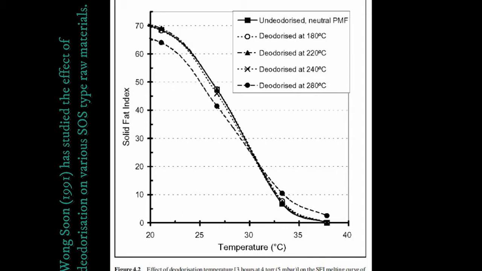At 240 degrees Celsius, a noticeable deterioration in the SFIs has occurred, while at 280 degrees Celsius, the deterioration is so bad that the fat would be unusable. It is so important that even at 280 degrees Celsius after 1 hour, the deterioration was considered less.